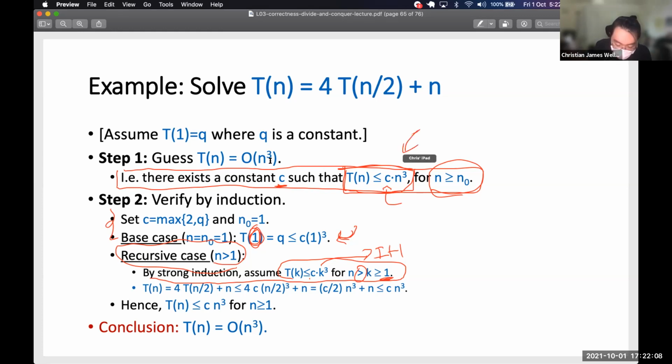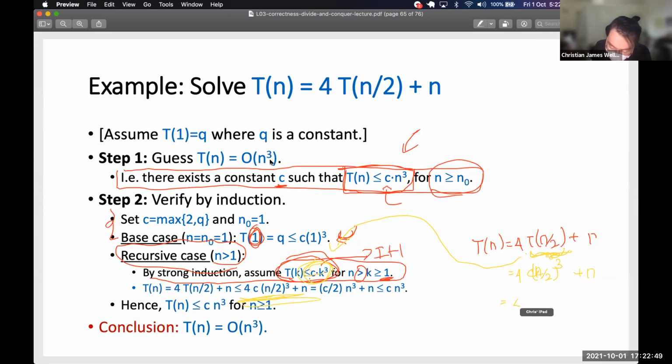Then using this assumption, this is the recurrence, right? 4T(n over 2) plus n. So by that assumption, we substitute this into the inductive hypothesis. So you get 4 times c(n over 2) cubed plus n.